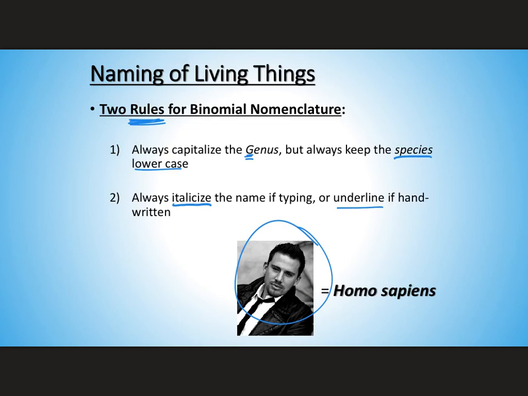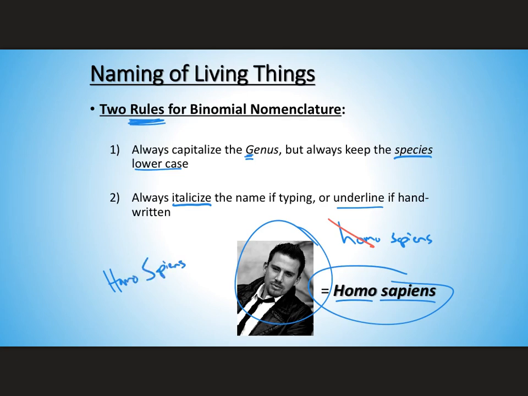So again, Homo sapiens, or humans, we would need to make sure we write like this. We can't say Homo sapiens with a lowercase h. That would be wrong. We can't say Homo sapiens with a capital S. That would be wrong. We have to write it like this.